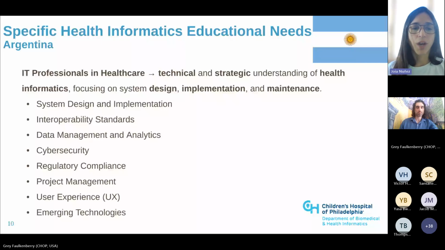So here we have also different aspects, like the system design and implementation per se, also being aware of the interoperability standards to be able to exchange information without losing any data, some data management and analytics tools to be able to measure and quantify everything that we work on.